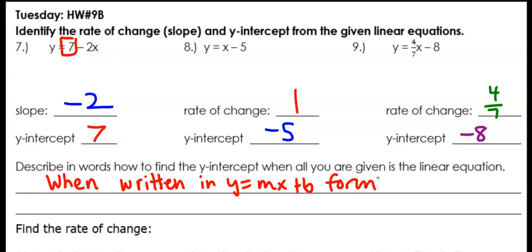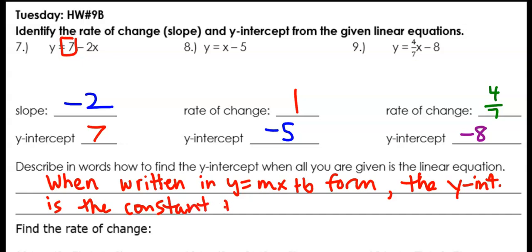When it's written in this order, the y-intercept is the constant term. Now it's important that you say that it's written in this order, because if it's not written in that order, there's no shortcut of looking at the constant.